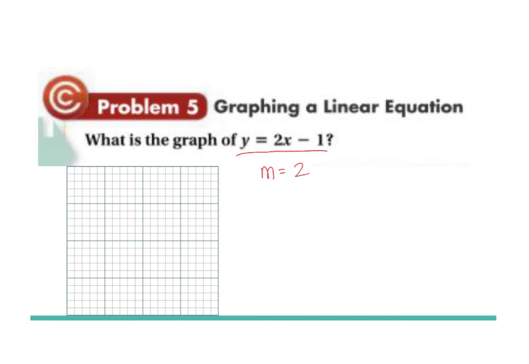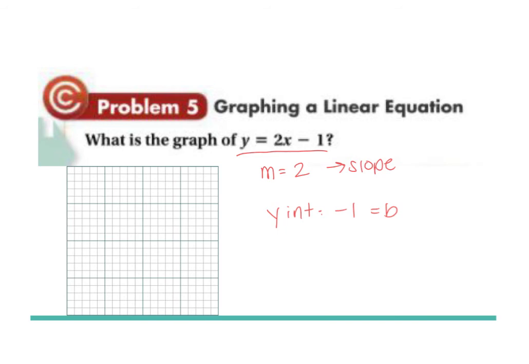So what's my slope? If m is 2, what's my slope? 2. Remember, m is always your slope. Now, what's my y-intercept, Tessa? There we go. My y-intercept is -1, which is also my b, right?